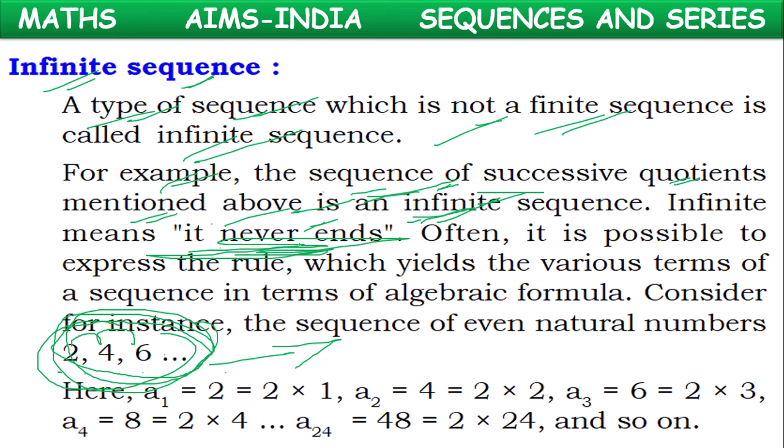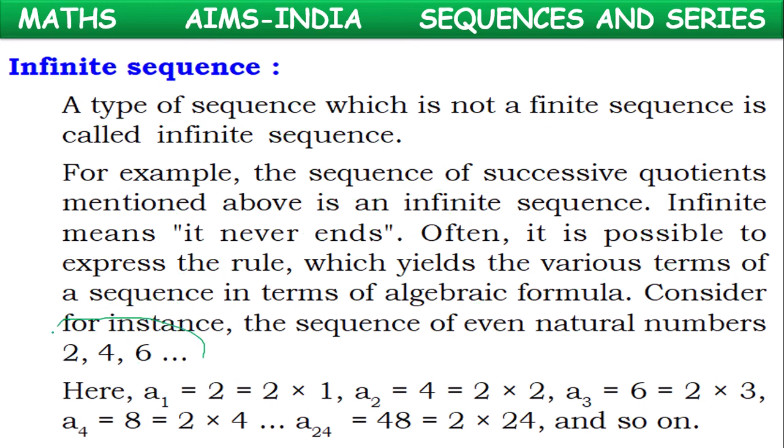So this group of numbers is called an infinite sequence. Often it is possible to express a rule for this infinite sequence, and with the help of that rule we can find various terms of the sequence in terms of a formula.